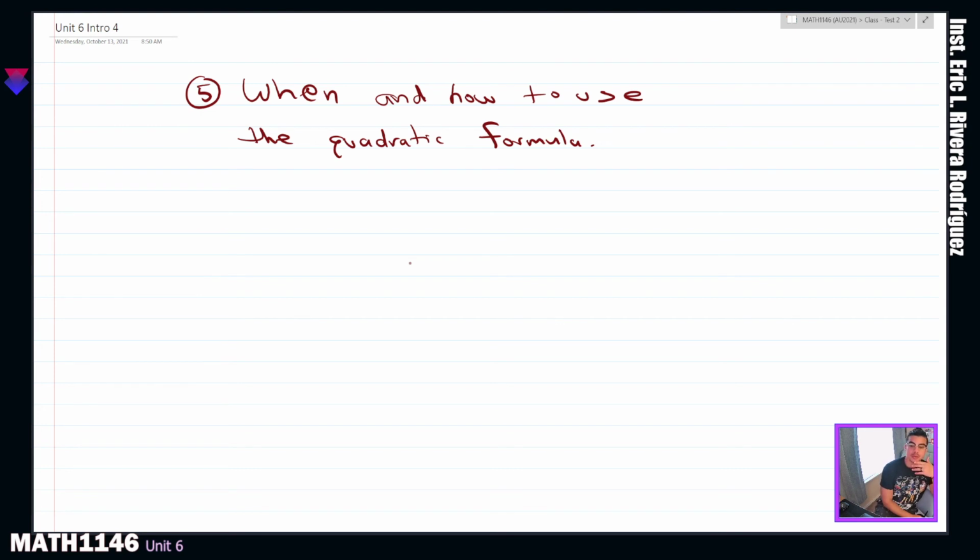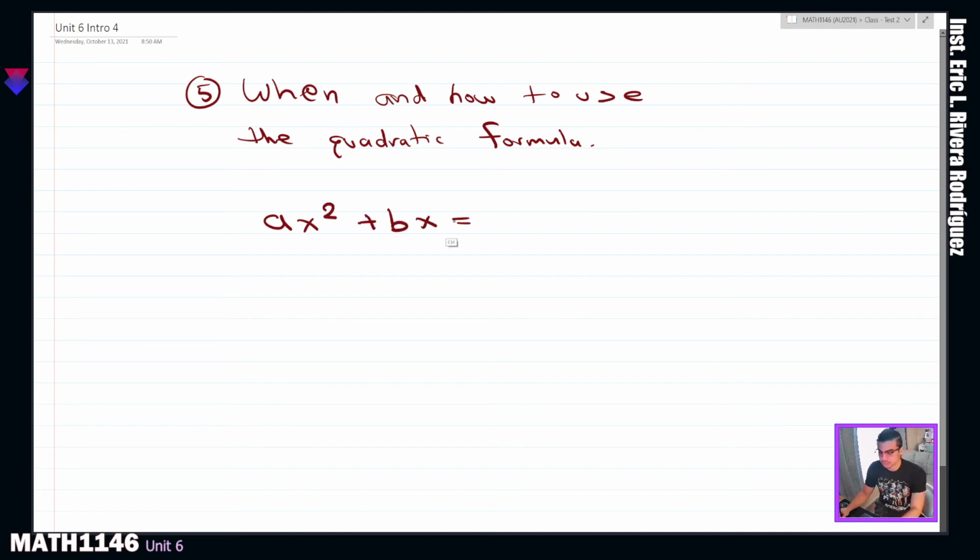The quadratic formula, you are going to use it whenever you have the standard form of a quadratic equation and you need to solve that equation for 0. That means finding the value of x that makes the standard form of the quadratic equation equal to 0.